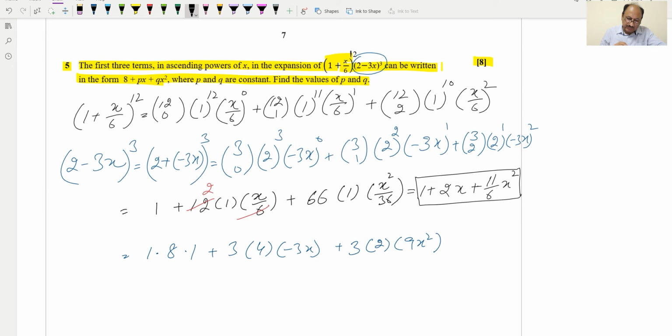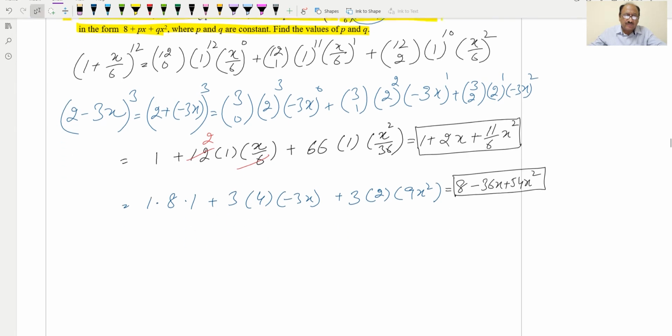And this one also we can write as 8 and minus 3 into 4 will be 12, 12 into 3 will be 36, so we write minus 36x, and 3 into 2 will be 6 and 6 into 9 will be 54, so plus 54x square. So we got these two expansions.